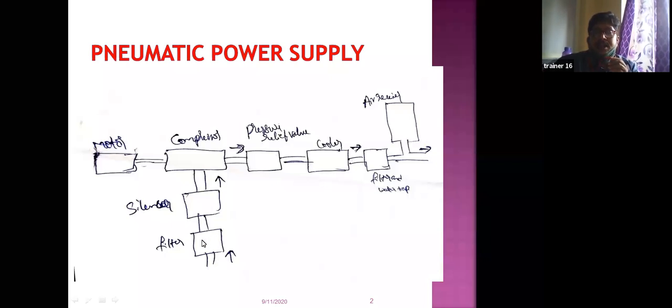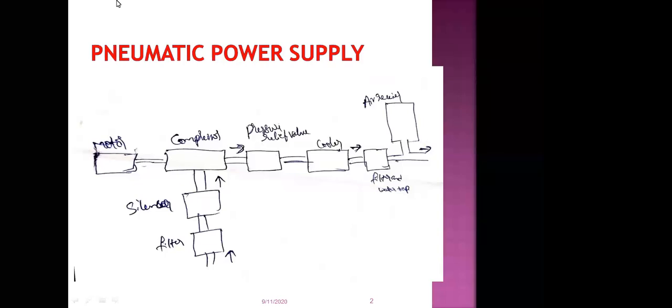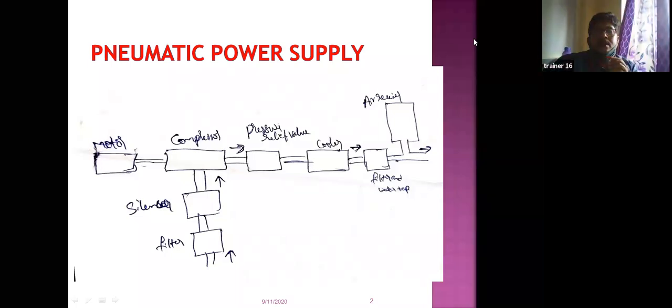Here the compressor is driven by the electric motor.